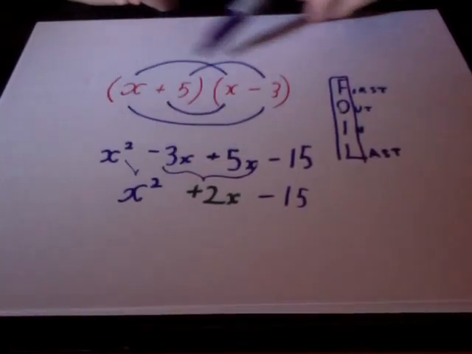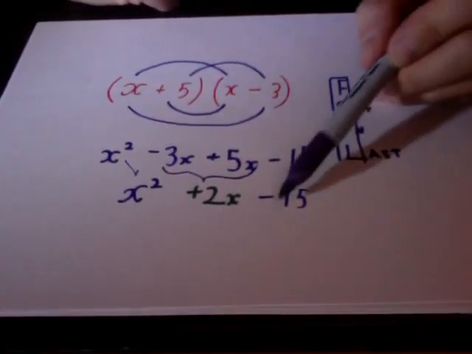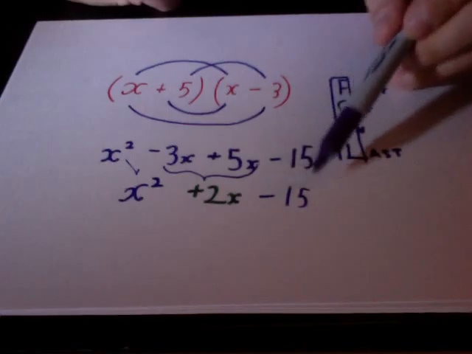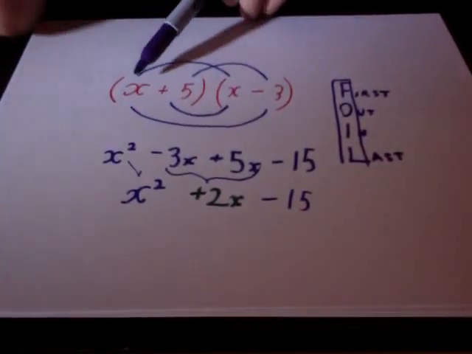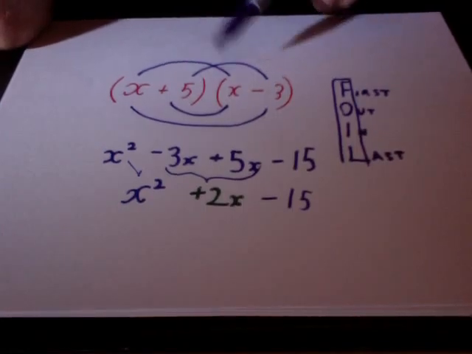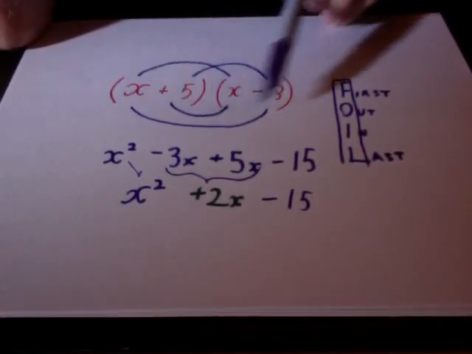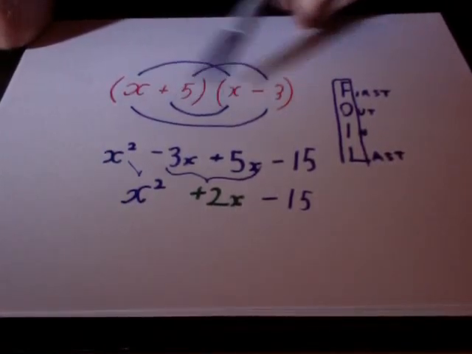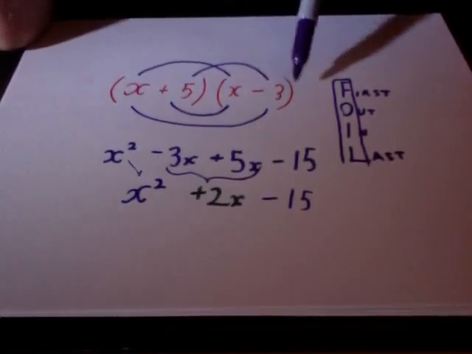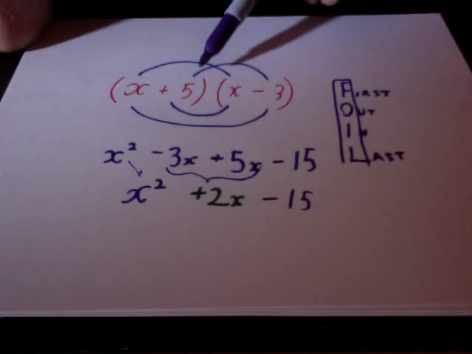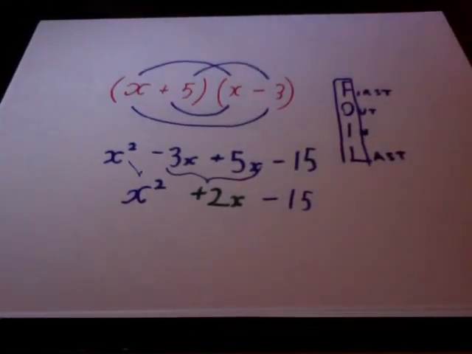The x squared comes from the first pair, and the constant, the number which doesn't have any x's in it at all, comes from the last pair. Because the first pair multiplies x with x, the outside pair multiplies x with a number, the inside pair multiplies a number with x, and the last pair is number with number. So the only thing that doesn't involve any x's at all is that last pair. And that's going to be very, very important.